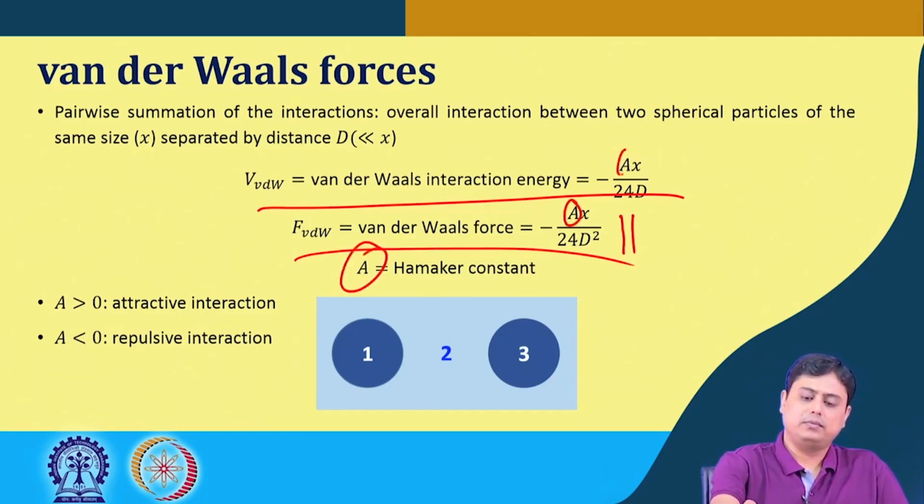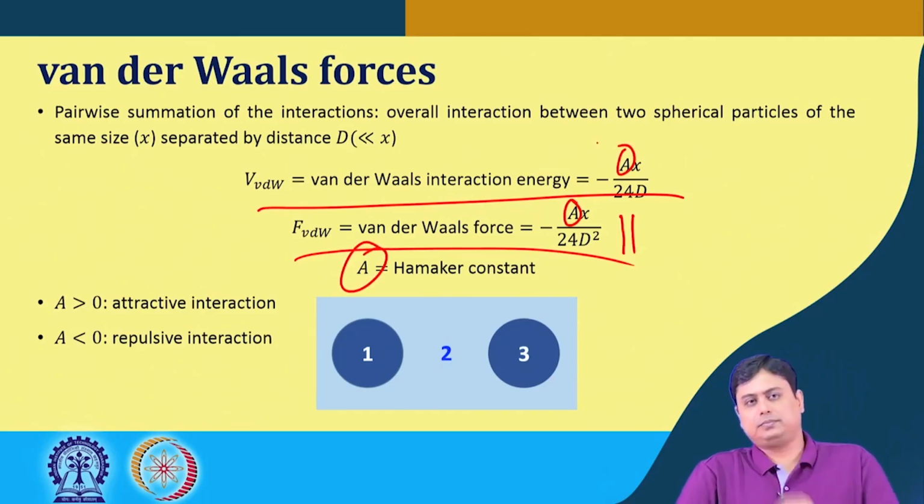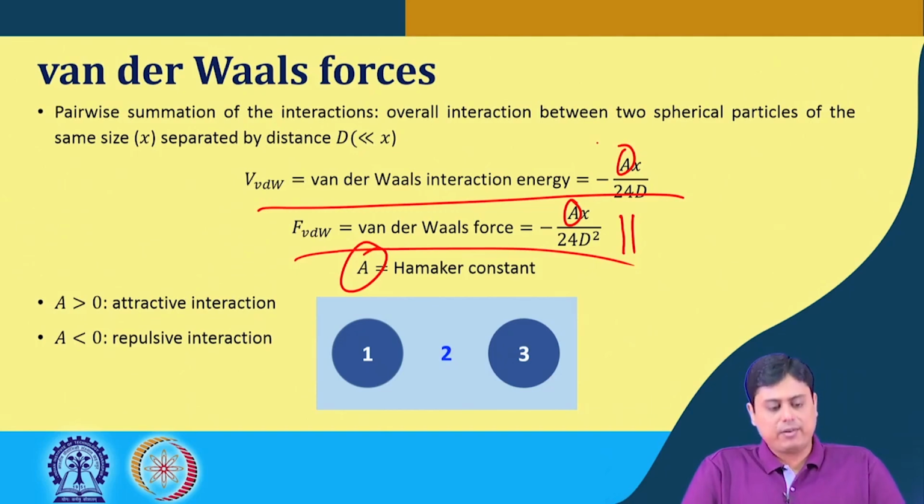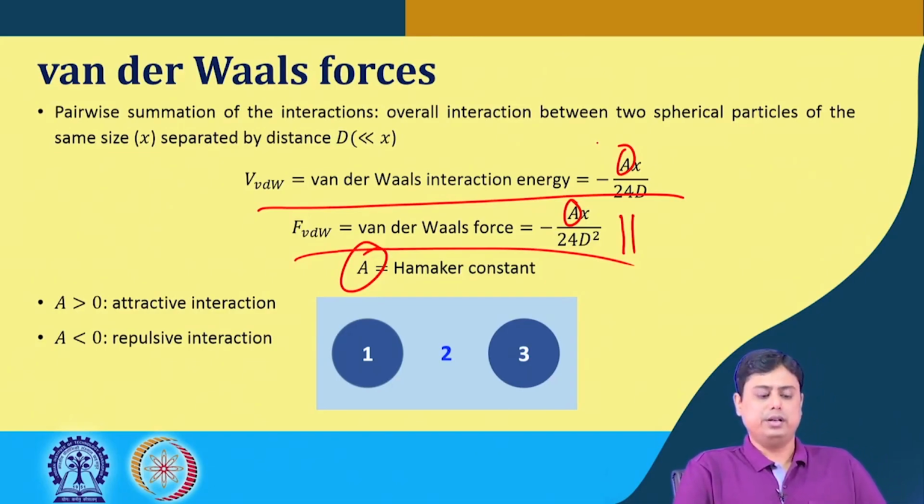If the Hamaker constant is greater than 0, the interaction is attractive. If the Hamaker constant is less than 0, then this interaction is repulsive in nature.